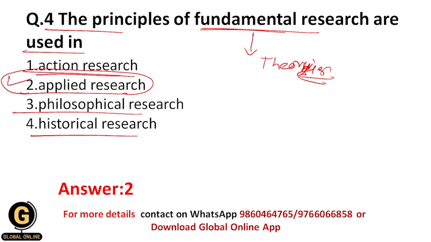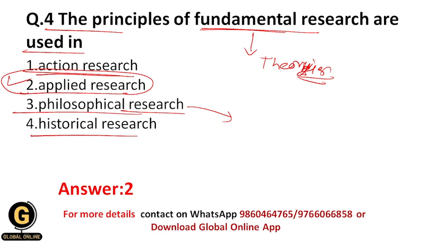And all of you know what action research is, and philosophical research is basically where we study the philosophy of things. For example, there is some kind of data, or some kind of relationship between the variables. Here we find out the roots of it, the causes of it, or the history of it.